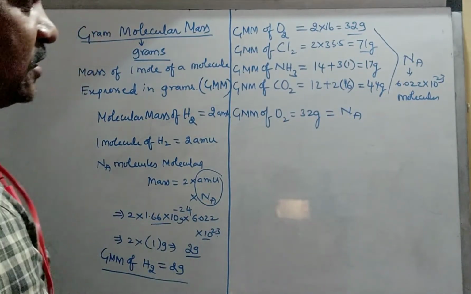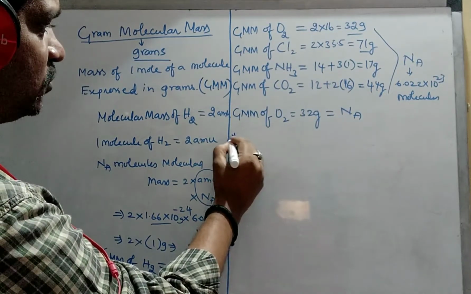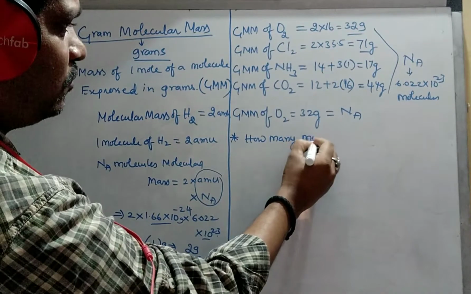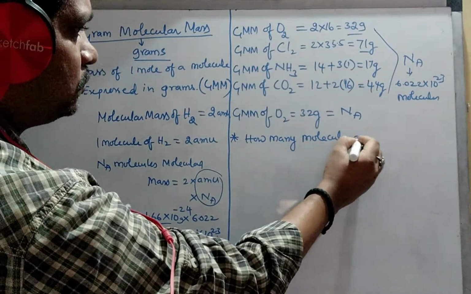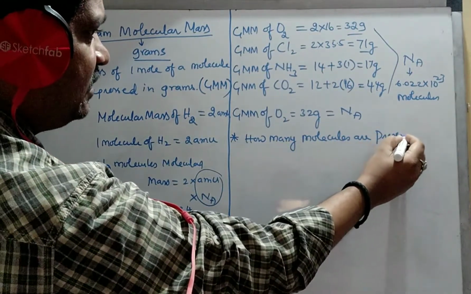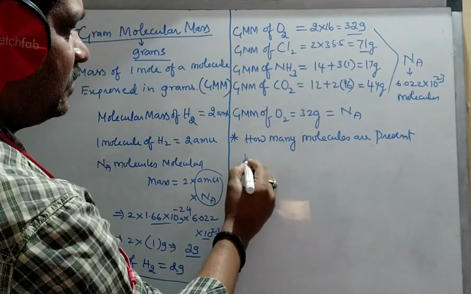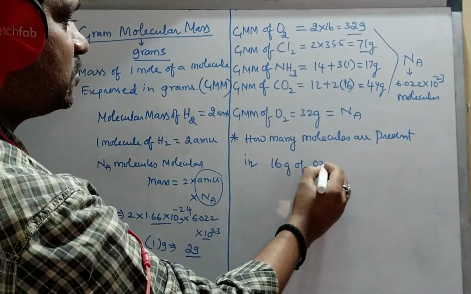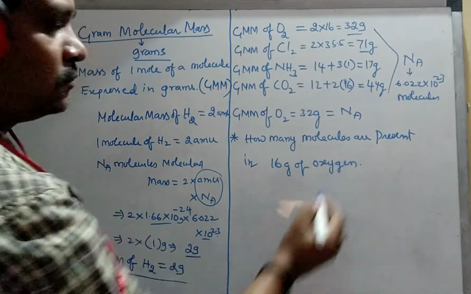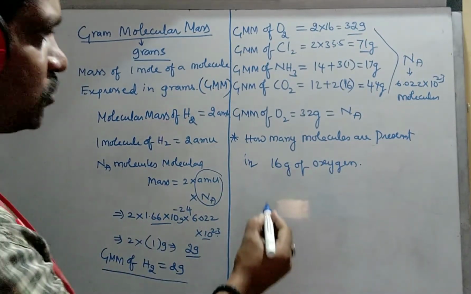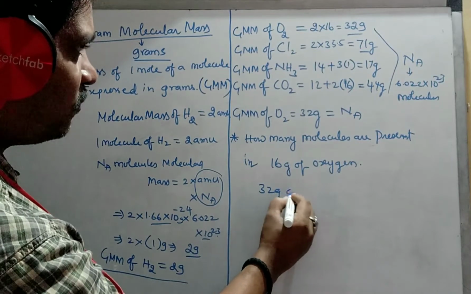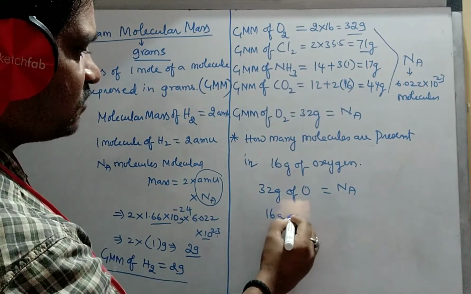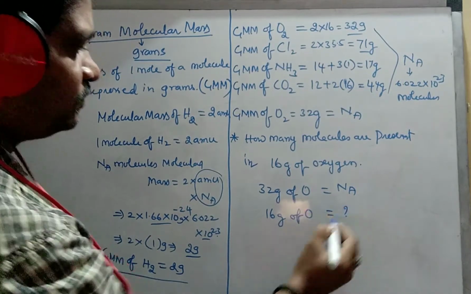Now a simple question: how many molecules are present in 16 grams of oxygen? As you know, 32 grams of oxygen has Avogadro number, so 16 grams of oxygen has how much?